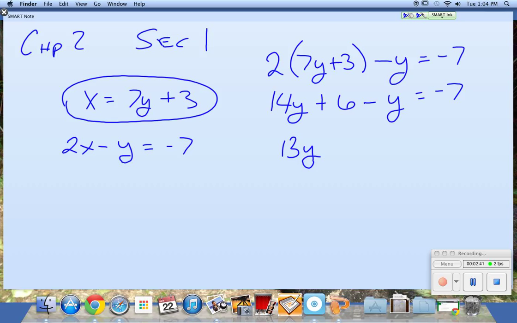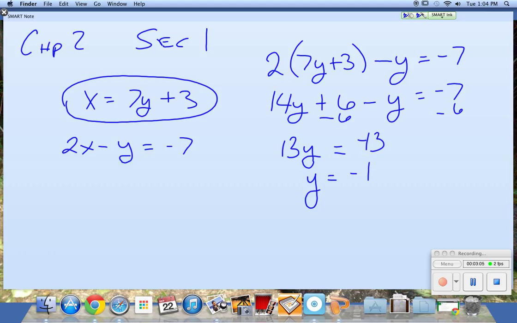We'll bring our 6 over. It goes negative 13. Subtract the 6 here, subtract the 6 here. Divide both sides by 13, and you get y equal to negative 1.